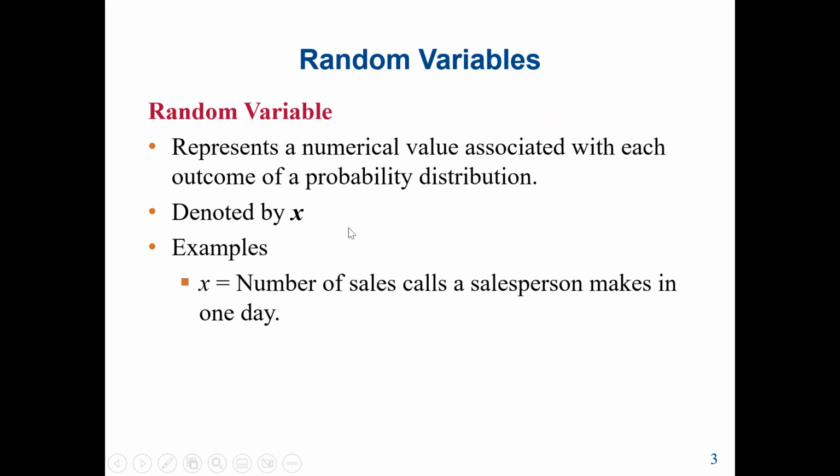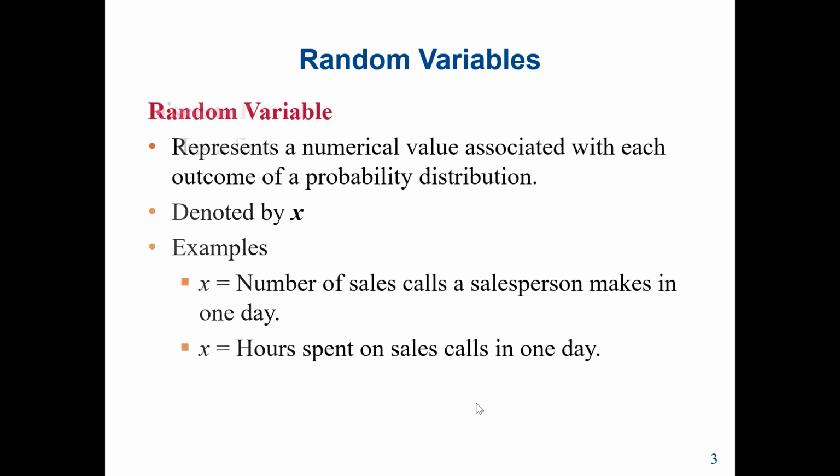Now, the discrete random variable is based on counting. So the example here, the number of sales calls a salesperson makes in one day, would be a discrete random variable because it's based on counting. Hours spent on sales calls in one day will be a continuous random variable.